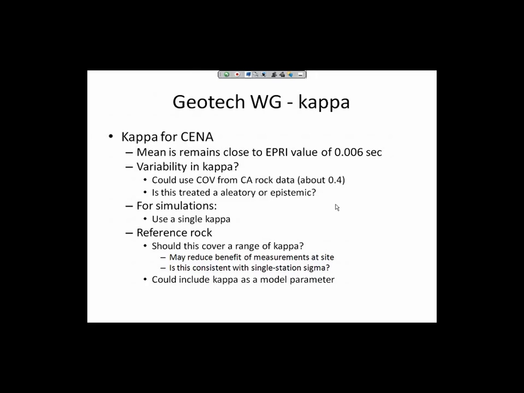But it means that the path effect itself, the total path, this K of R term that was also in the Huff and Anderson paper, is going to play probably a bigger role than what's going to happen at a hard rock site.